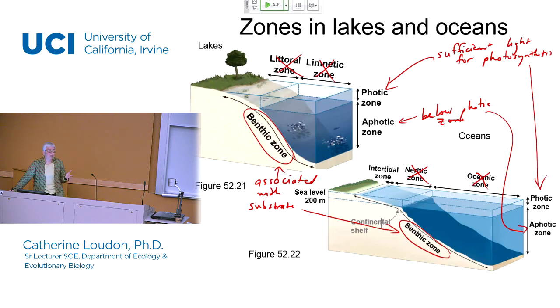So worms that burrow into a sandy underwater environment, they're part of the benthos, part of the benthic zone. And same with crustaceans running around on the surface, those would be considered benthic creatures as well. So this refers to organisms that are associated with the substrate at the bottom there.